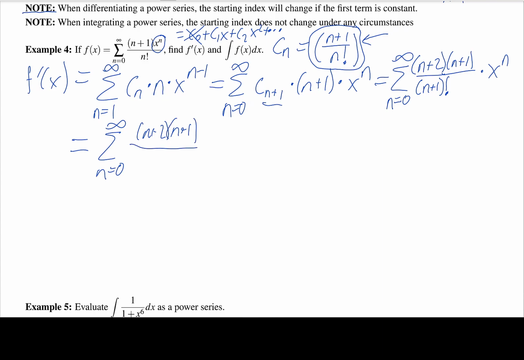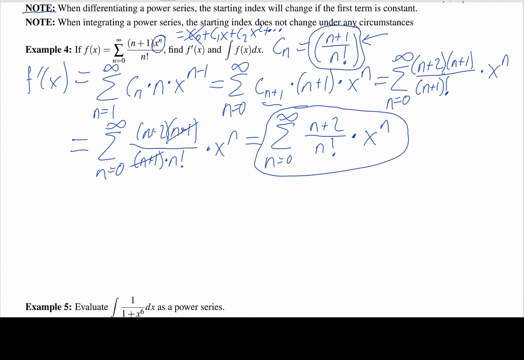Now the bottom, n plus 1 factorial, is the same thing as n plus 1 times n factorial. So then this would be the sum from n equals 0 to infinity of n plus 2 over n factorial, because we can cancel these out, times x to the n. And so this would be our derivative of our power series.